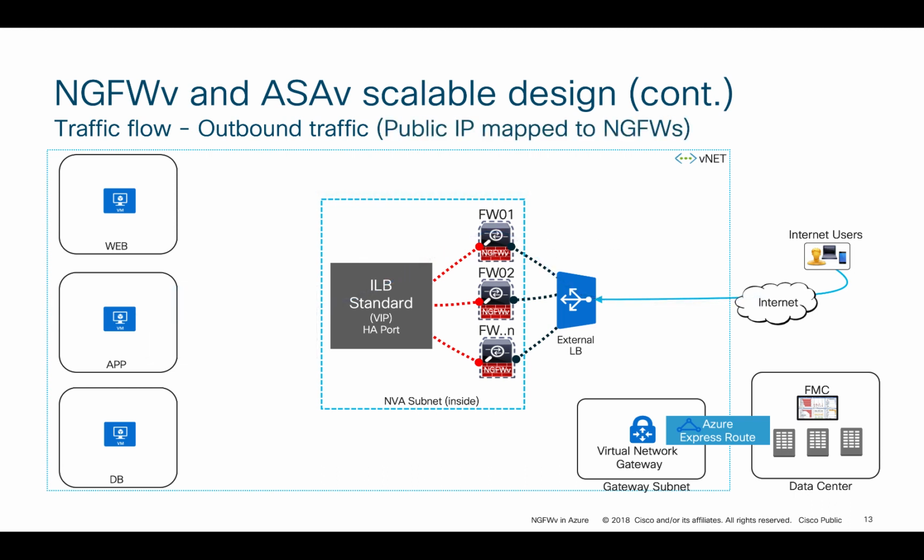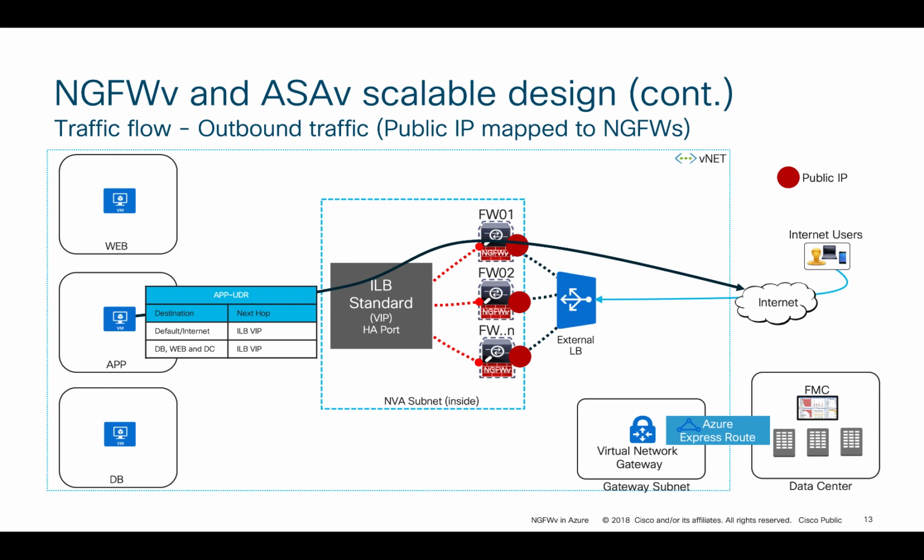So there is another kind of outbound traffic flow, where you map public IP addresses directly to your firewall's external interface. Your external interface will still have a private IP address, but on the Azure NAT gateway there is a mapping. So you will add a public IP address to your firewall.